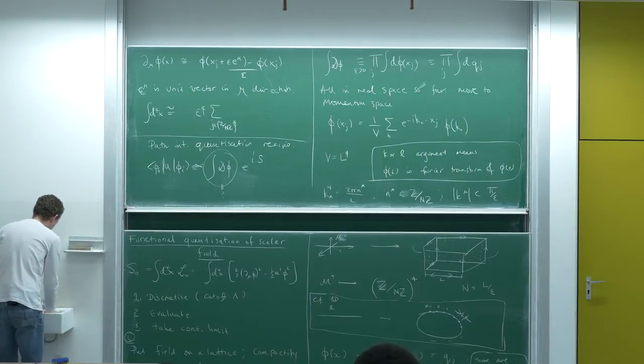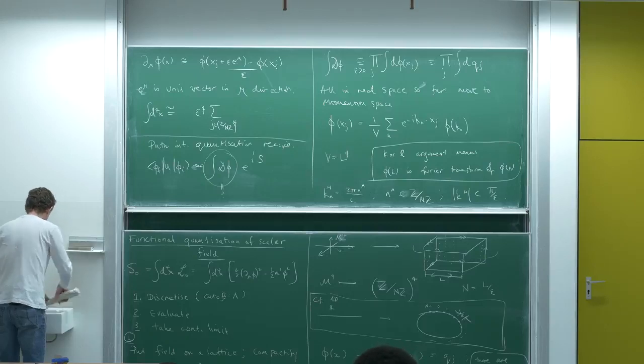So we hereby define phi of k, the Fourier transform of phi, by the standard Fourier series.